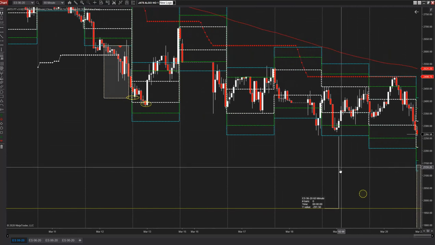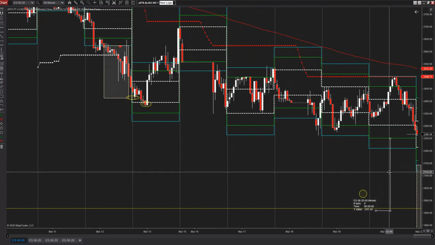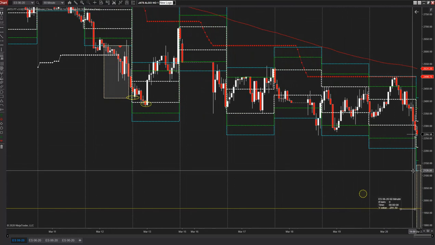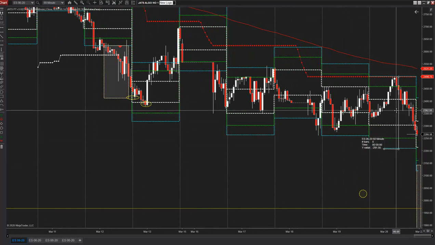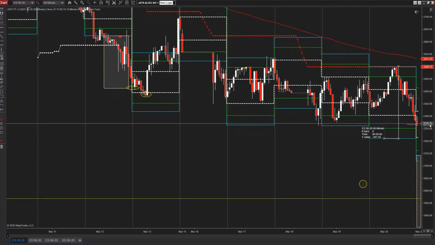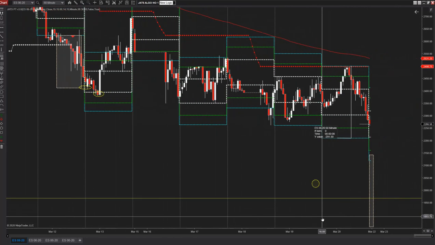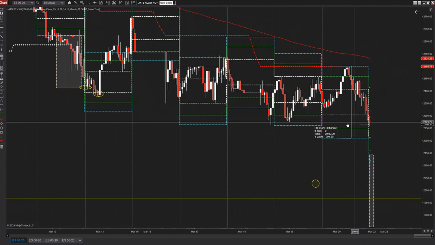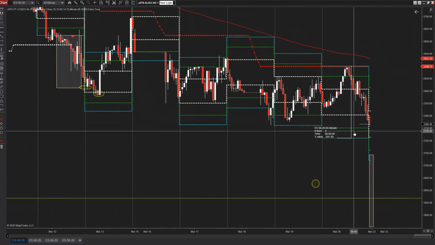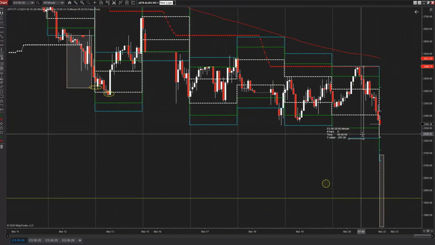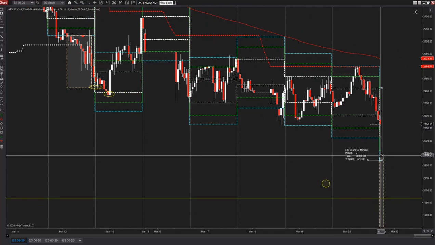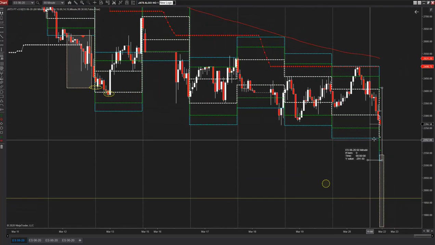So here we're walking it down, and let's see. Yep, the range is still the same. And now we have a new range box building. So blue to blue. Yep.